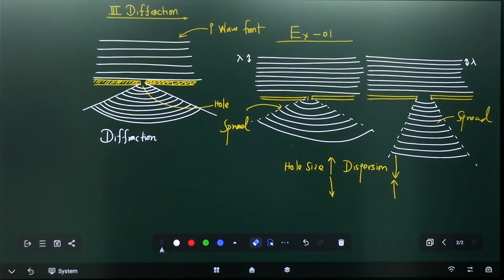You should know about the spread here, okay? Right. So when the hole size decreases, the spread will increase, and when the hole size increases, the spread will reduce.